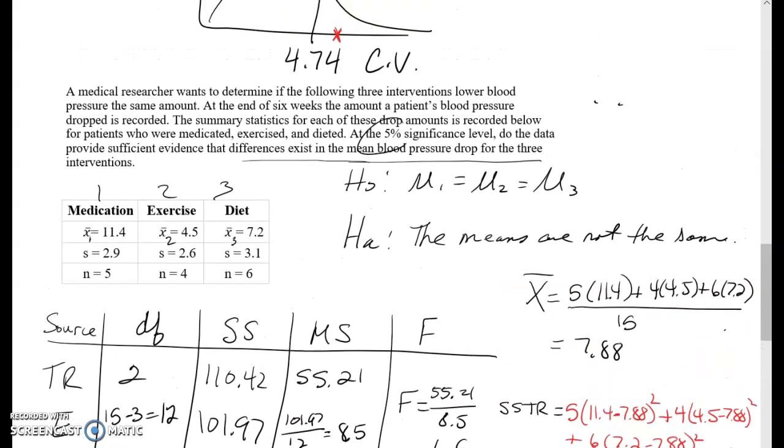Your interpretation, of course, is going to be that at the 5% significance level, the data do provide sufficient evidence that differences exist in the mean blood pressure drop for all three interventions. Of course, it tells you there's a difference. It does not tell you where those differences are. That will be the next video when we take a look at the Tukey multiple comparisons.